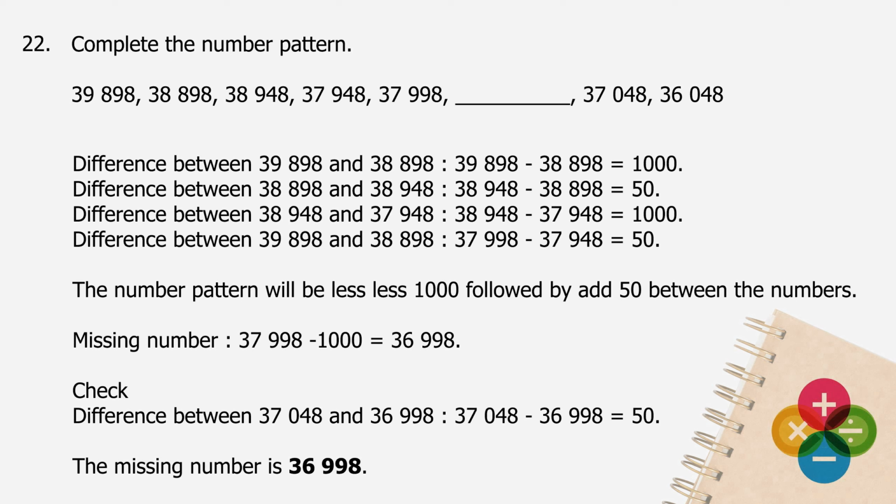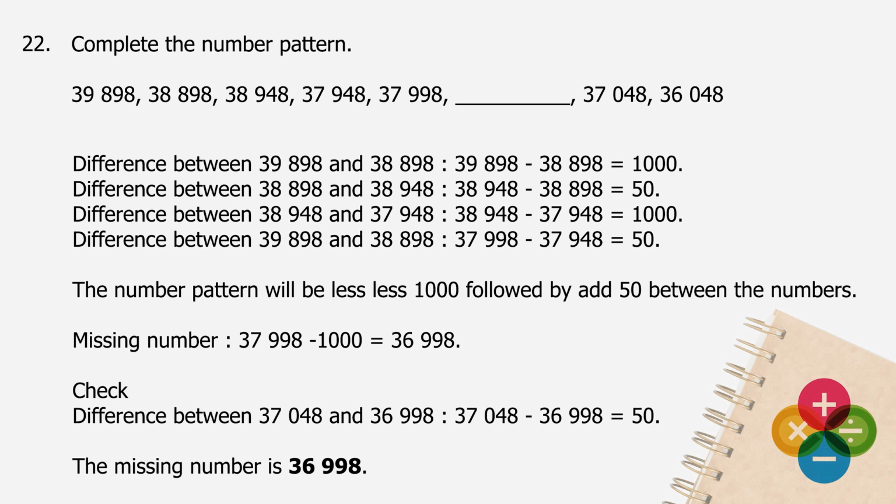The difference between 39,898 and 38,898 is 1,000. The difference between 38,898 and 38,948 is 50.